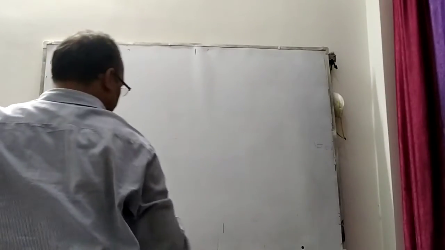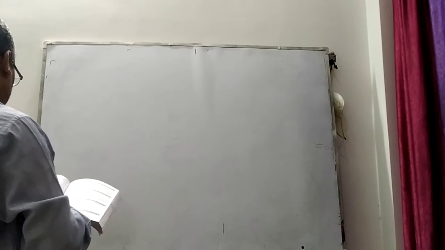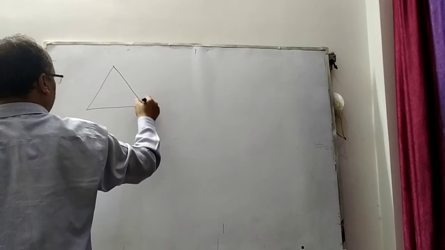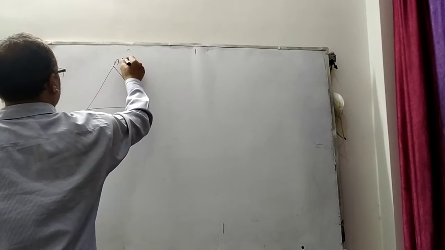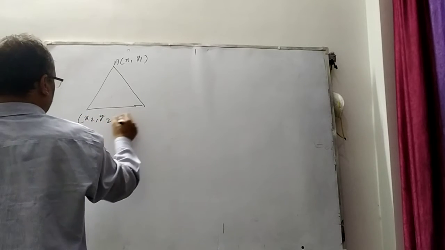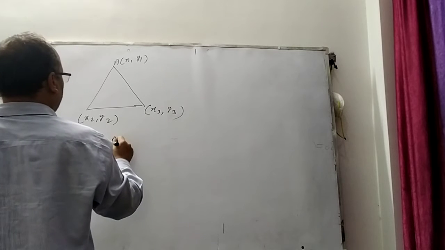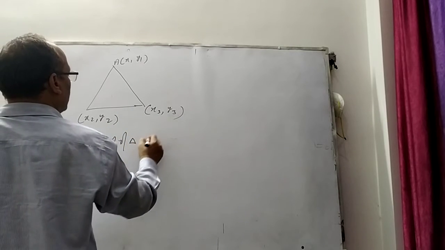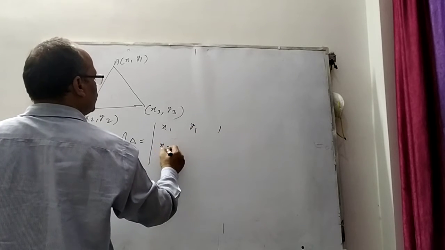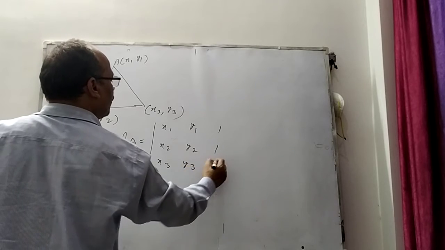Now how can you find the area of triangle? This is the triangle. This coordinate is x1, y1, x2, y2, x3, y3. The area of triangle equal to the determinant x1, y1, 1, x2, y2, 1, x3, y3, 1.